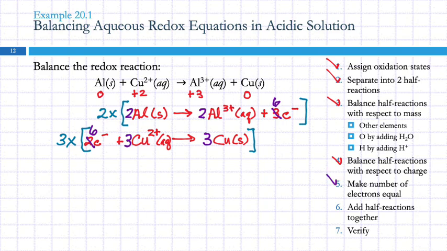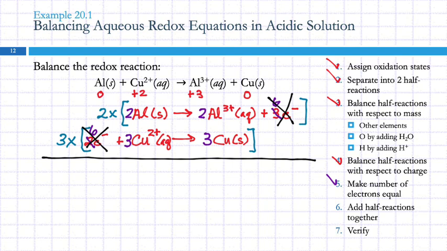Add the half reactions together. So the electrons are always going to cancel out because we set it up that way. So these guys are going to cancel each other out. Copy down everything else. You can cancel stuff as you copy it down, or you can wait until after you've added them and then cancel things. It really doesn't matter. I tend to just keep the same order that they have in the original.